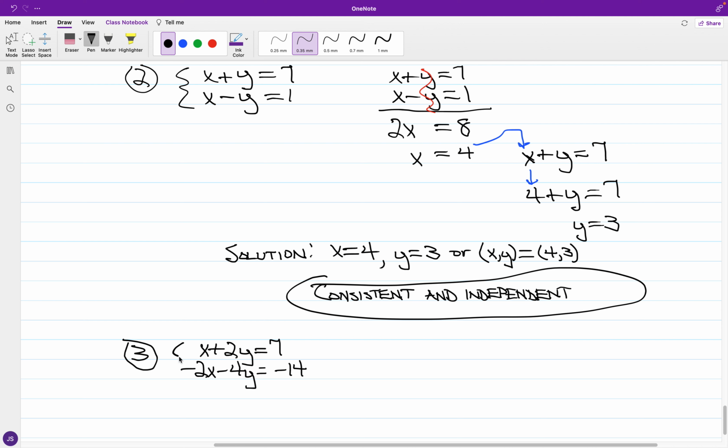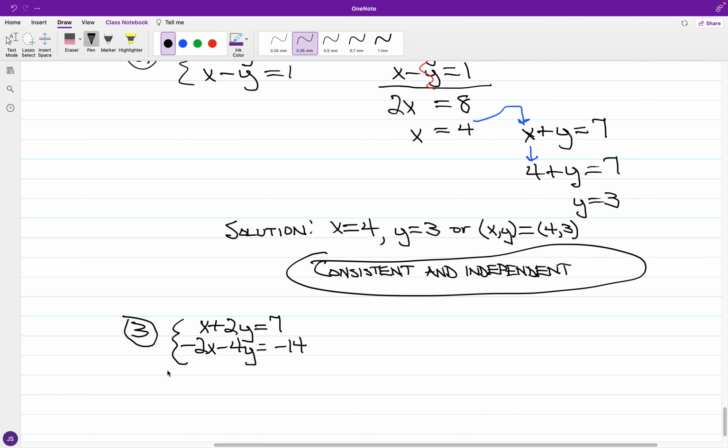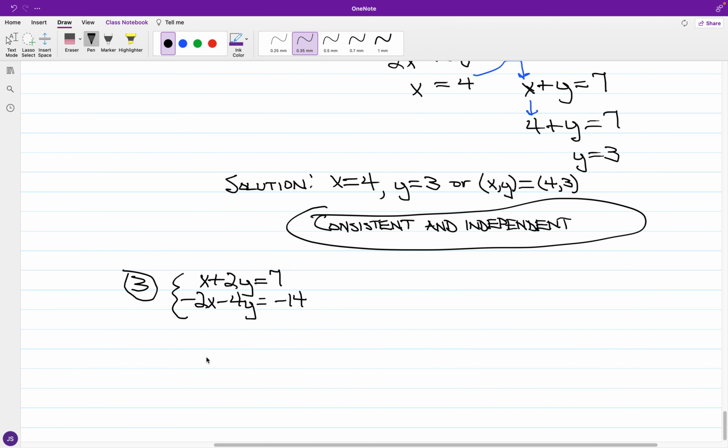Now for what we're going to have here, I do not have additive inverses yet. But I can rewrite either equation or both equations where we are going to have additive inverses.